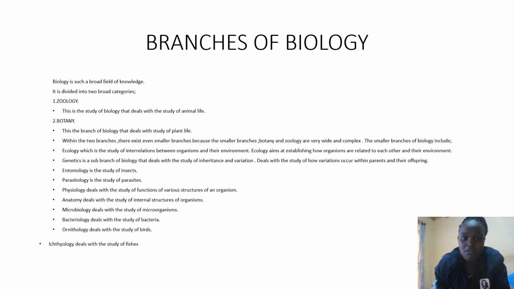Also, the study of plant life enables us to know the characteristics and the adaptations of the plant in certain environmental conditions and their resistance to certain diseases and pests.